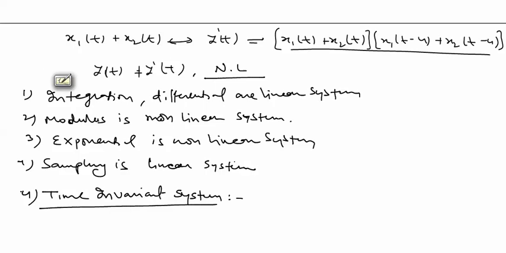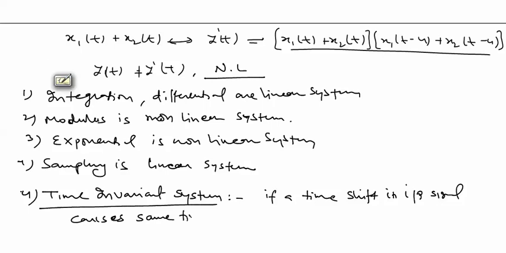A system is called time invariant if a time shift, which may be a delay or advance, in the input signal causes the same time shift in the output signal.